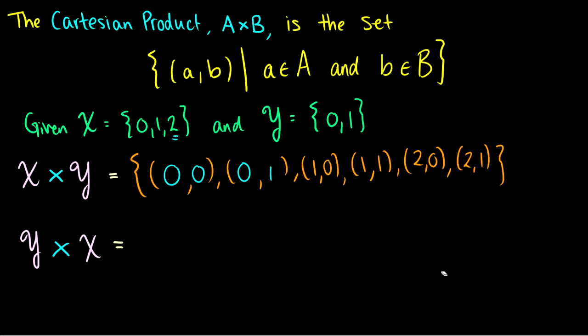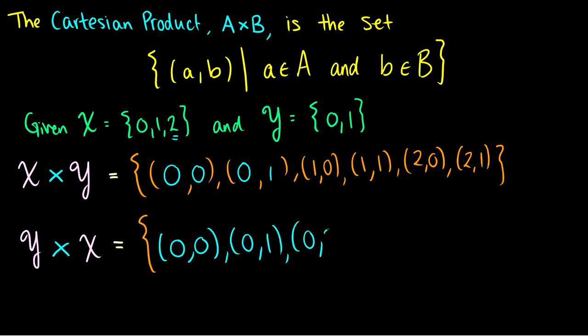So essentially, I'm going to get X cross Y, but each pair will be flipped. So I'll still have (0, 0), and then I will have (0, 1) and (0, 2). So this is when Y is equal to 0, then X is 0, 1, or 2. And then we'll do everything starting again when Y is 1. So we'll have (1, 0), (1, 1), and (1, 2).